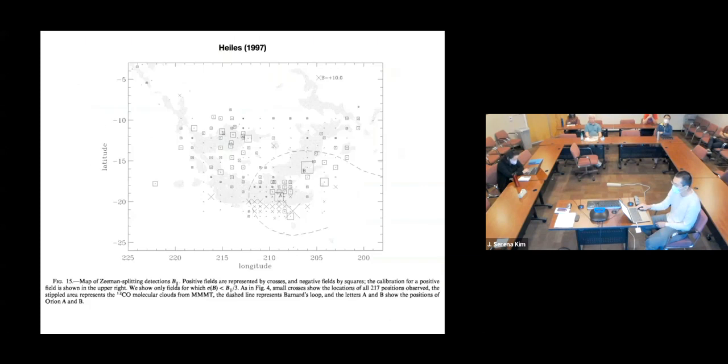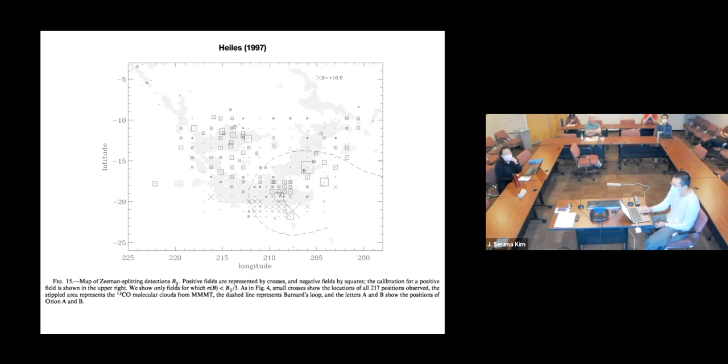So in order to model that, we need to find the initial condition for the model. So the first thing we look at is the magnetic fields in the Orion complex. This is a famous map by Carl Heiles from the 1990s, where he measured the Zeeman splitting of the, I think it's the H I line in this large area of the Orion A complex.